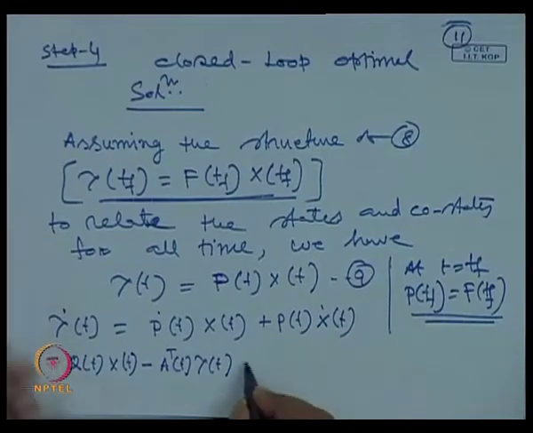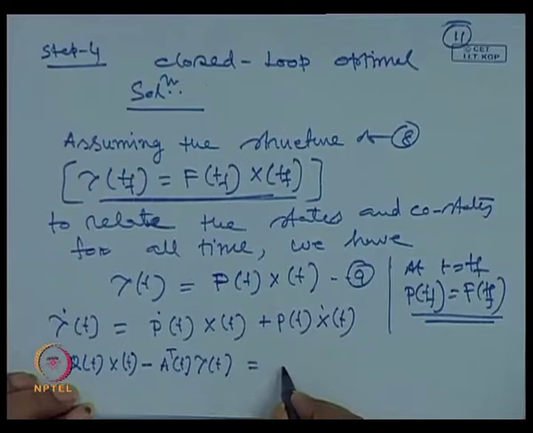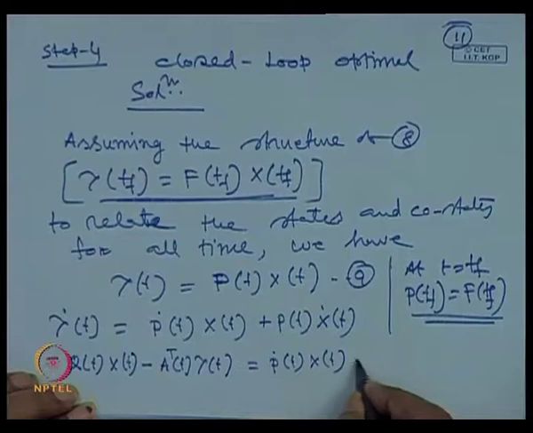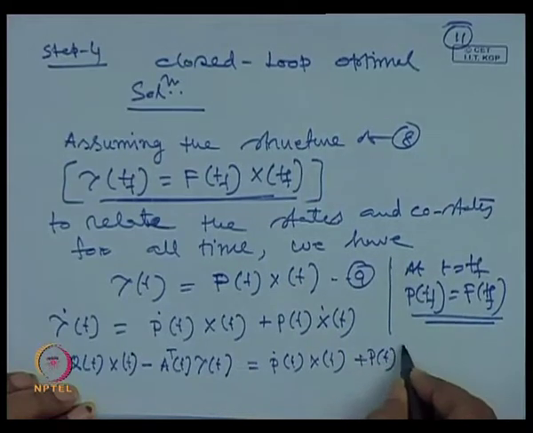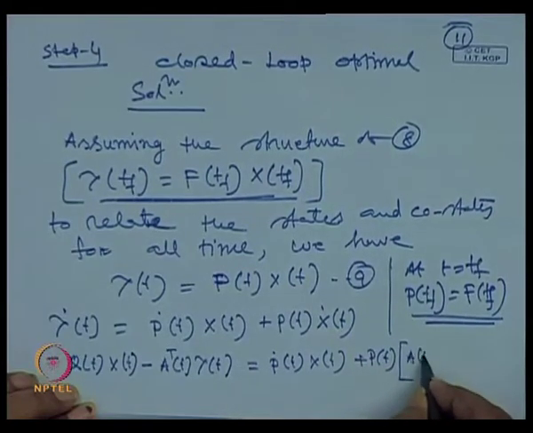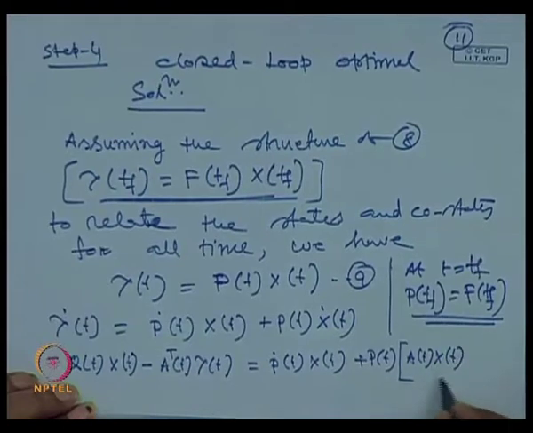Again, this is equal to P dot(t) x(t) plus P(t) times x dot, and x dot is A(t) x(t) plus B(t) u(t), our system dynamic equation.